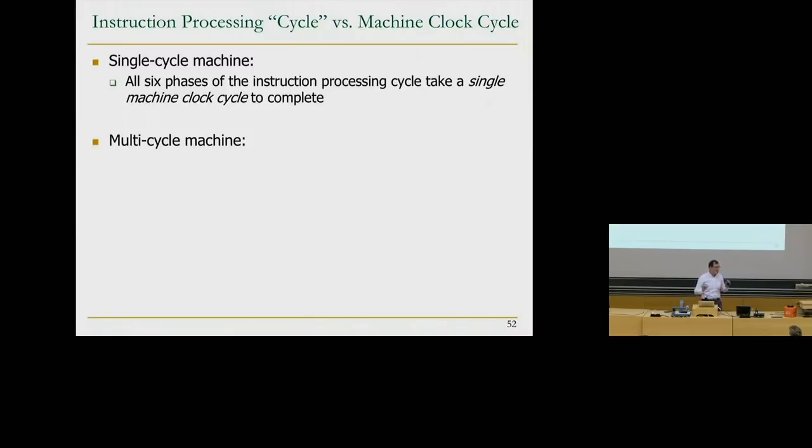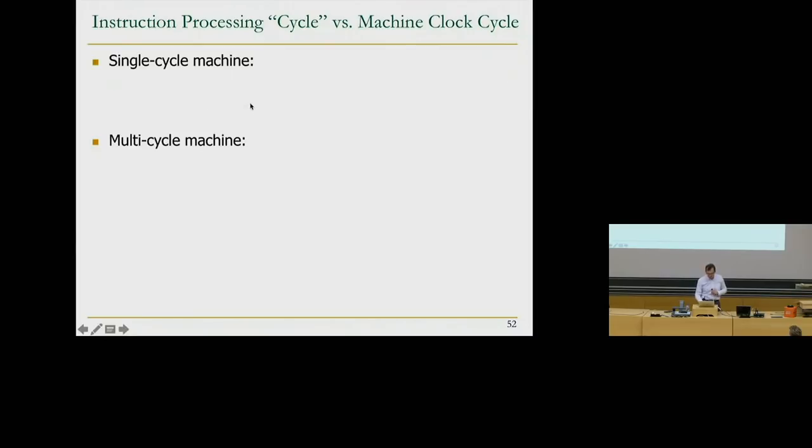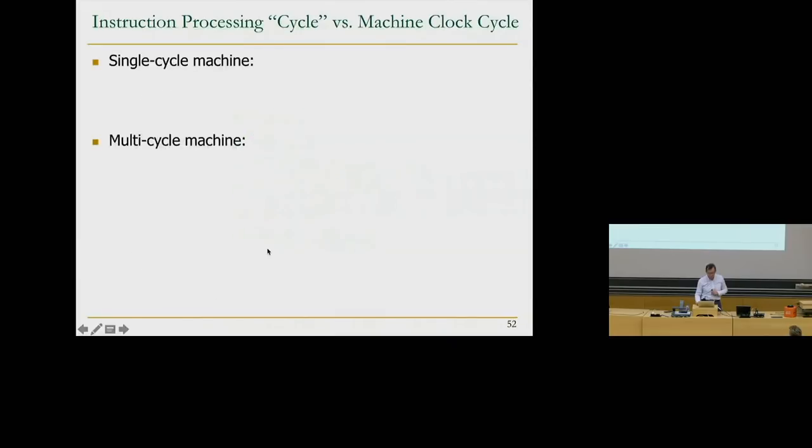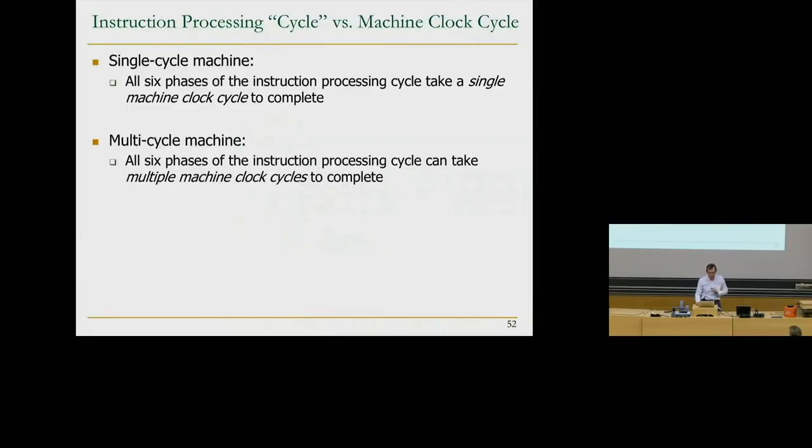If you look at a single cycle machine, all 6 phases of the instruction processing cycle take a single machine clock cycle to complete. Basically, all of this happens in a single clock cycle for any instruction. Whereas in a multi-cycle machine, all 6 phases of the instruction processing cycle can take multiple machine clock cycles.